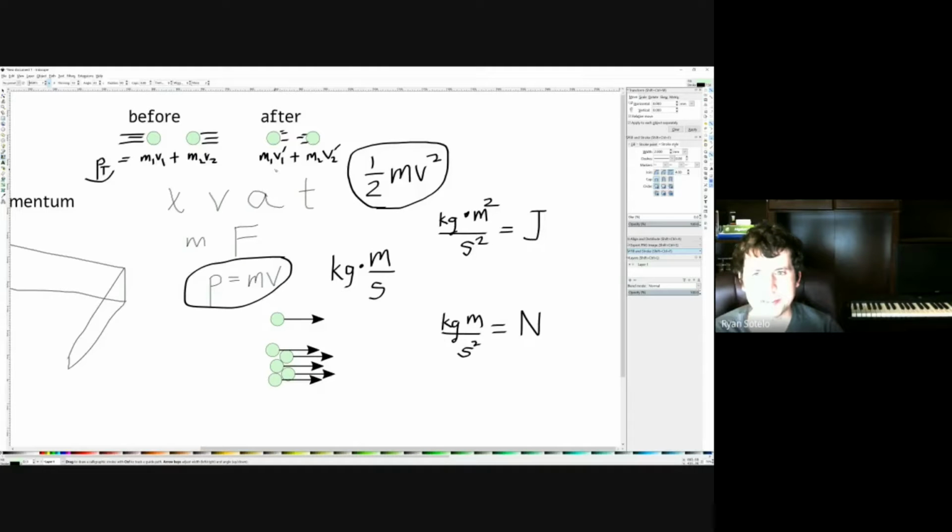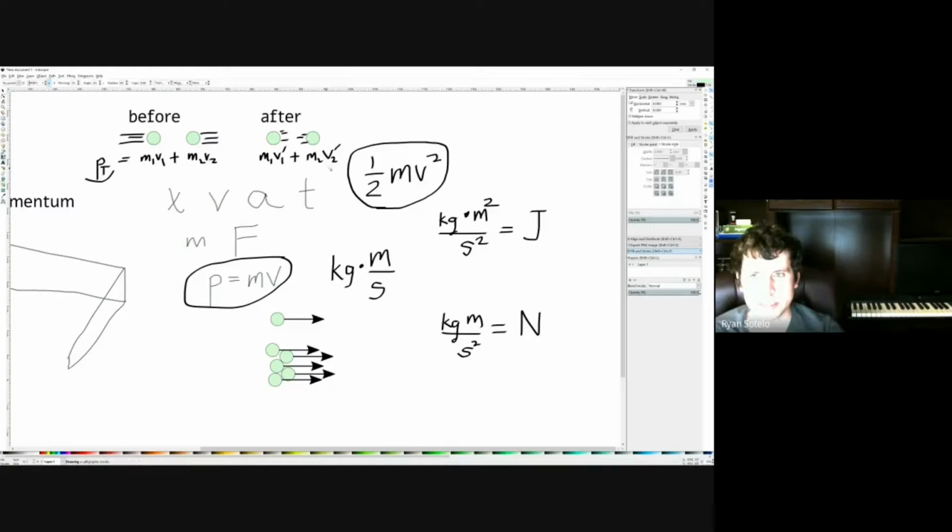The problem is I have two unknowns and just one equation. So you can't really solve that unless you knew one of these numbers. So the problems that you're always going to be getting is, okay, here's two objects before they crash. From that, you calculate the total momentum. Then they'll say, okay, here's after the crash. One of the objects does this.